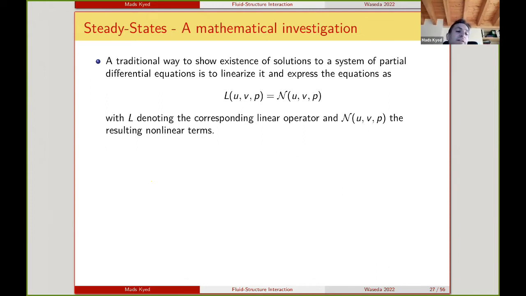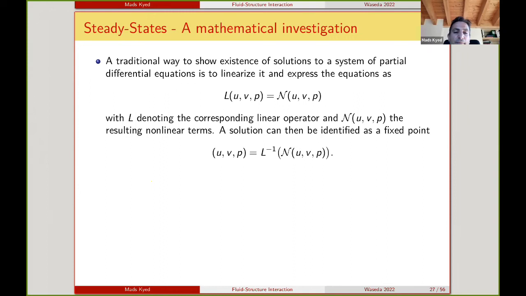And the traditional way of showing existence of solution to a nonlinear system of partial differential equations is to linearize it and put all the linear terms on the left-hand side and all the nonlinear terms on the right-hand side, as I've done here in an abstract manner. Okay, so in this case, we can then identify a solution as a fixed point of the problem.